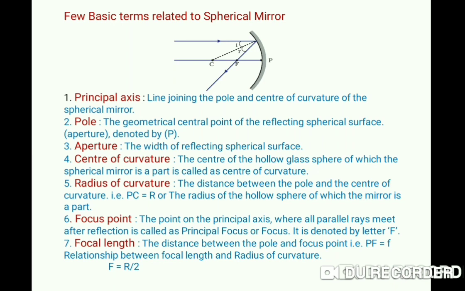The distance between the pole and the focus point is said to be the focal length and it is denoted by a small letter f. The relationship between focal length and radius of curvature: f is equal to R by 2, or you can say that R is equal to 2f.